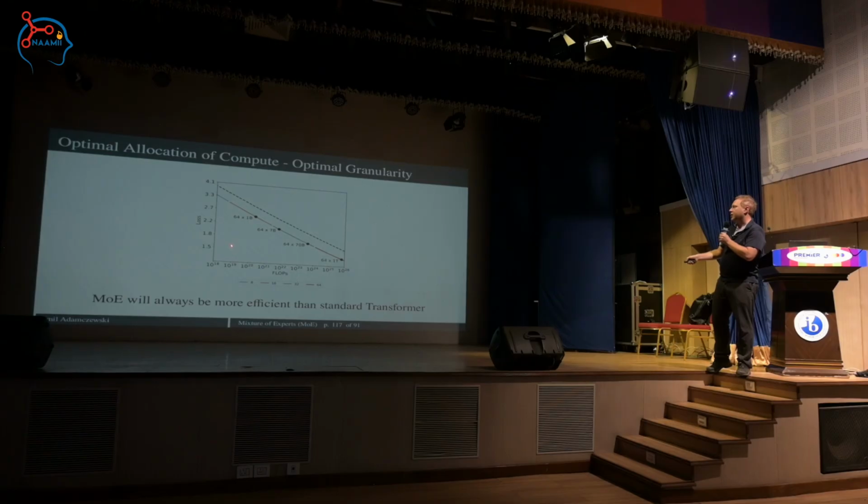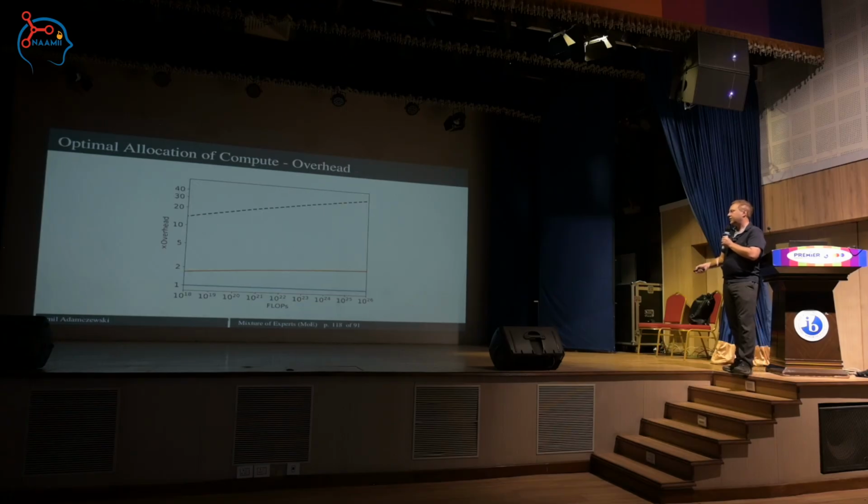So this is the loss that we obtain by using this kind of computational budget. This line is the fine-grained mixture of experts, and this is the line for a dense model. As you can see, for every compute budget, the fine-grained mixture of experts will be better.